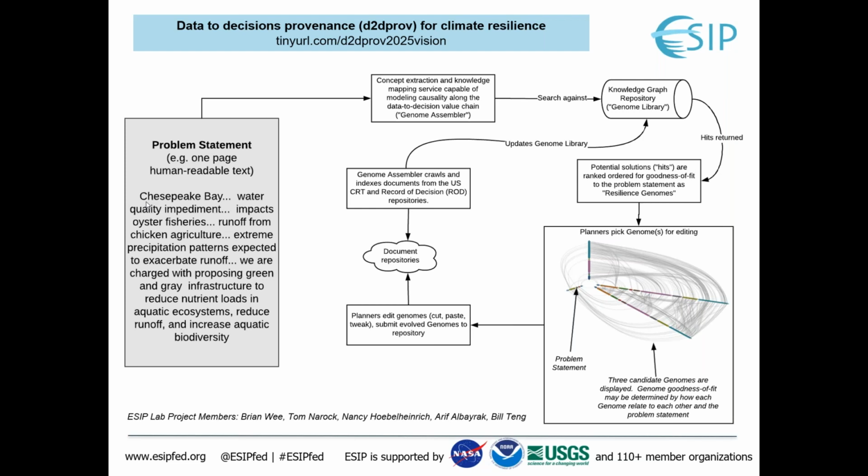Under scenarios of climate change, the Chesapeake Bay area is anticipated to experience things like increasing precipitation, flashy precipitation, increased ambient temperatures, and that leads to a whole suite of problems like runoff.